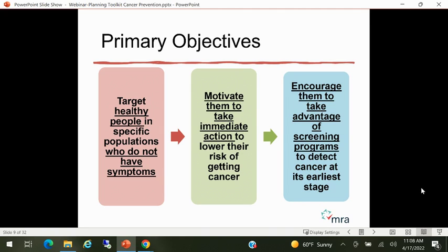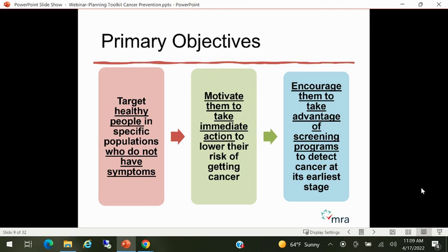So let's start with the primary objectives of prevention. The first one is to target healthy people in specific populations who do not have any symptoms. These are the people that are still functioning as normal in their daily life, or as normal as one can be. They feel good. They may be perfectly healthy people.